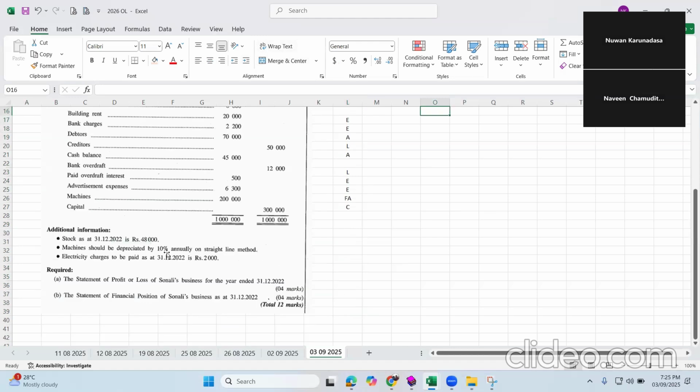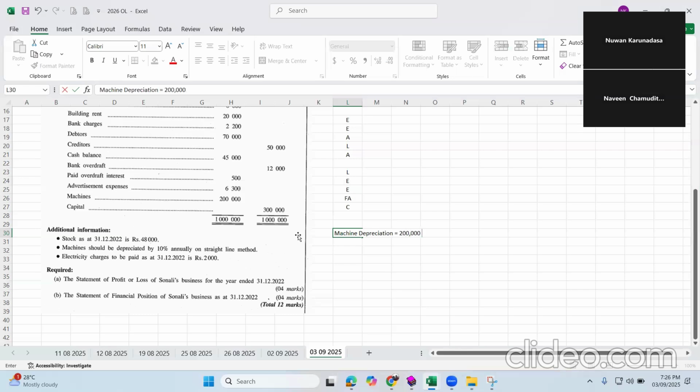So again, two adjustments are given. Stock as at 31st December 2022, meaning the closing stock, is 48,000. The machine should be depreciated 10% annually on a straight line basis. We'll calculate the machine depreciation here. The cost of the machine is 200,000.